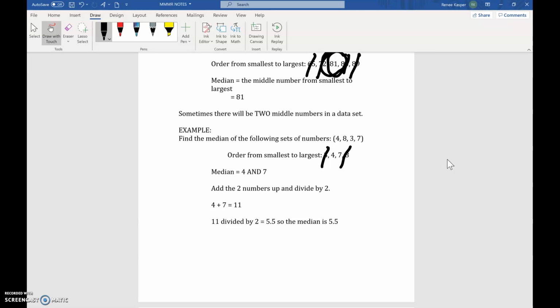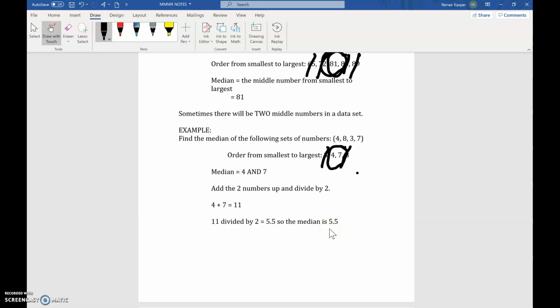So we want to have the same amount crossed out on each side. So that's how I know, okay, these both are the middle numbers. So now what we want to do with these is we add them up and then we divide by 2. So 4 plus 7 equals 11, and then 11 divided by 2 equals 5.5. So the median is 5.5.